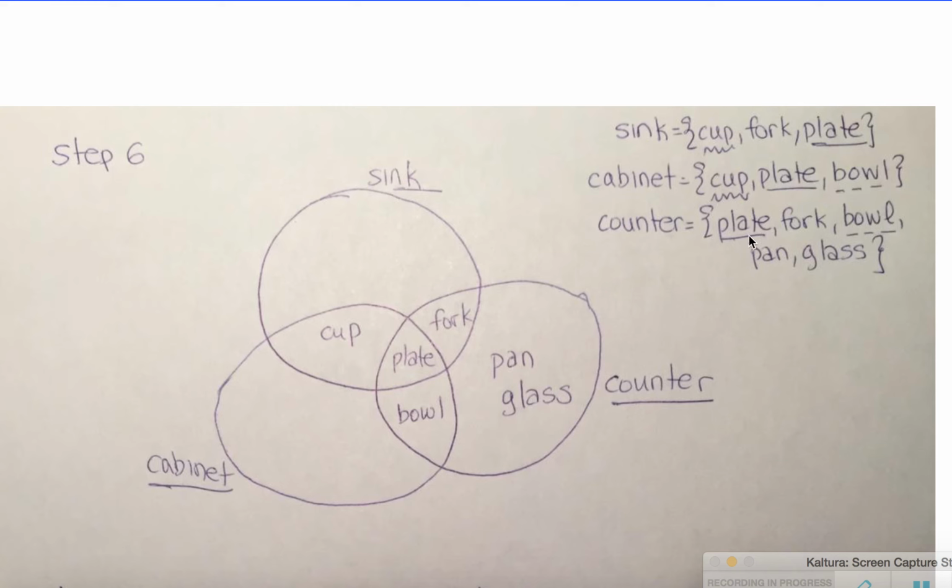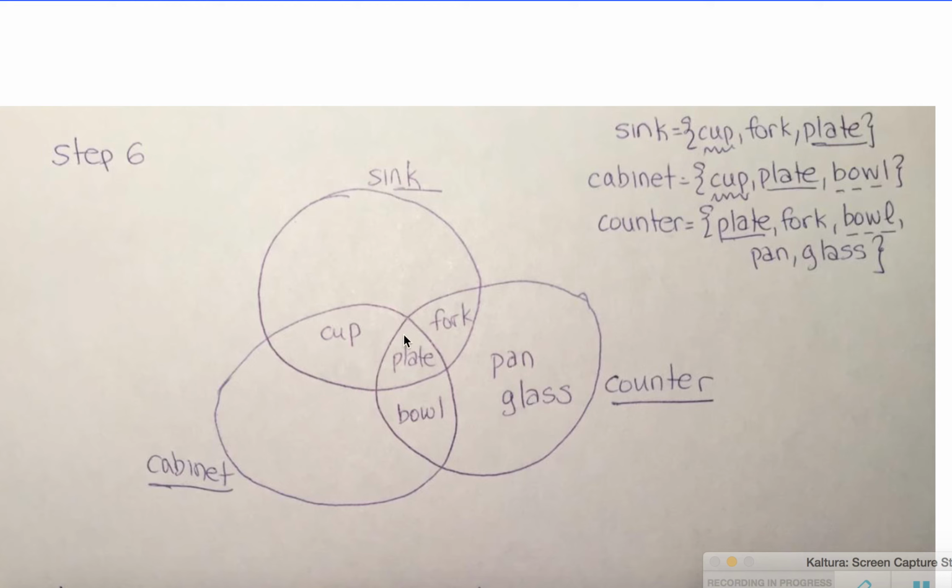I'm sorry, the plate is also in all 3 of the sets. So the bowl has a dashed line. So let's take sink and cabinet. Do they have any common items? Well, yes, they do. They have a cup, a plate, and that's it.